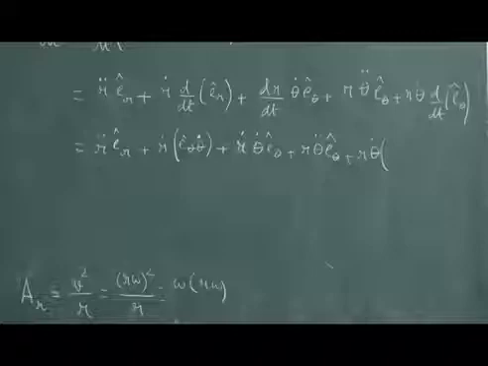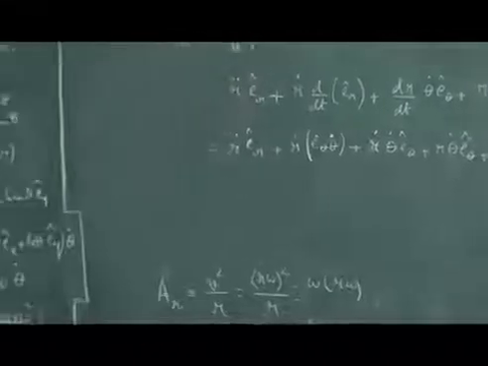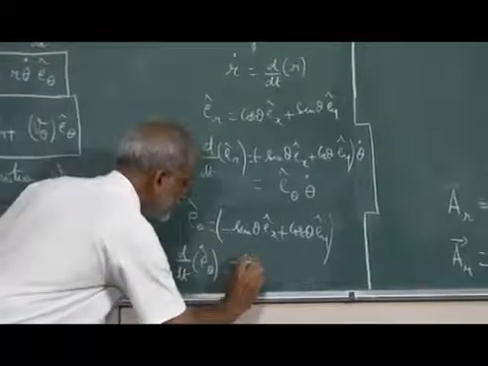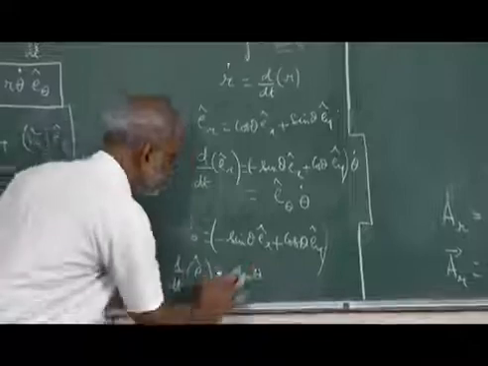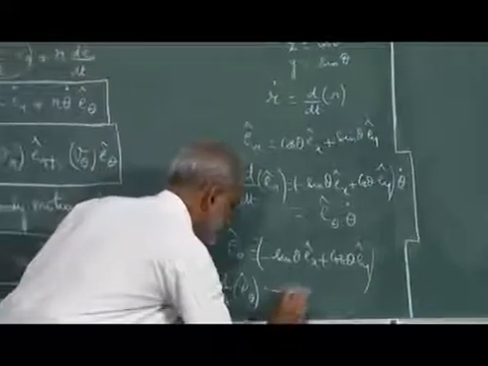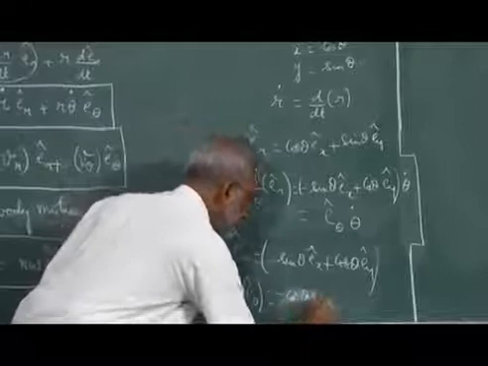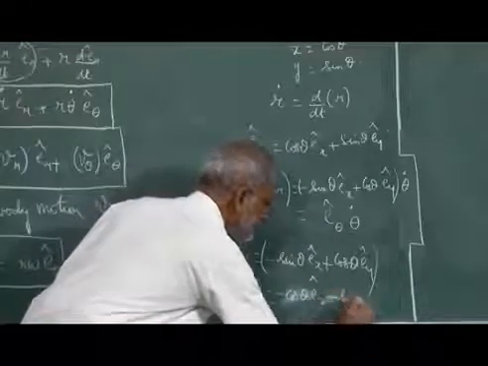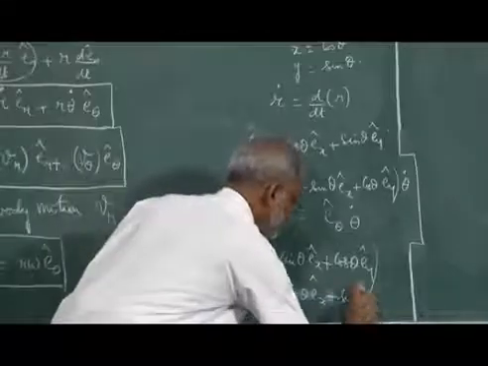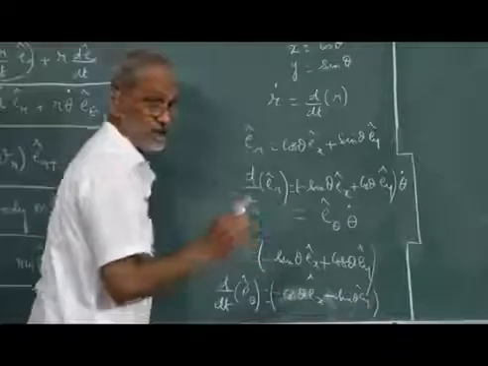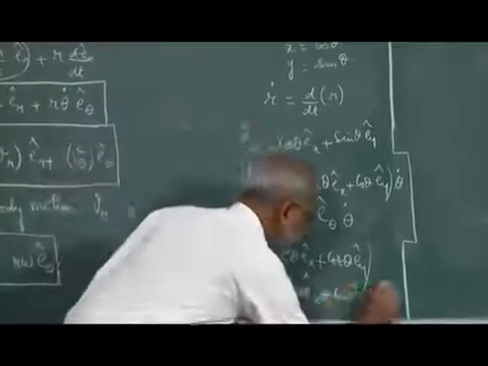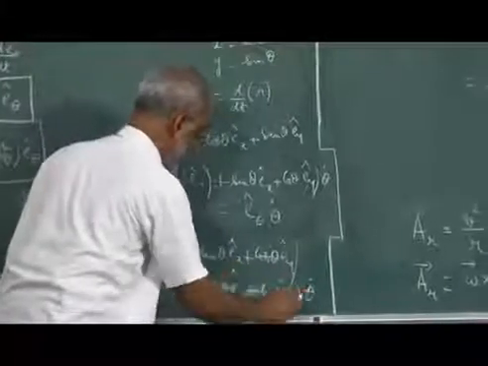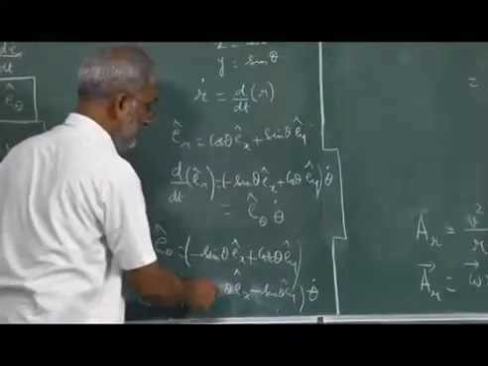What is the time derivative of this? d by dt of e_theta is equal to minus sin theta, if I differentiate sin theta I will get cos theta e_x, plus minus sin theta times unit vector y times the theta dot term. Remember, sin is a function of theta, theta is a function of time, therefore theta dot has to come. This we know what it is: cos theta e_x.